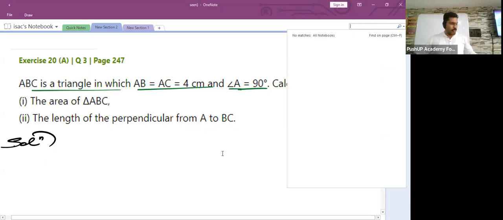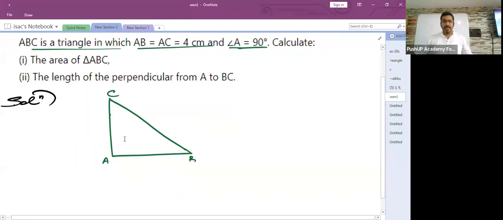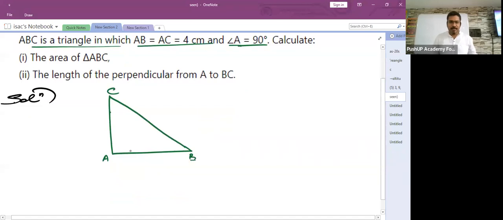Because when you draw this triangle, triangle ABC, it will look somewhat like this, where angle A is equal to 90 degrees, side AB is equal to 4 centimeter, side AC is equal to 4 centimeter.